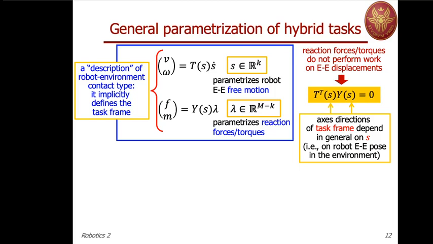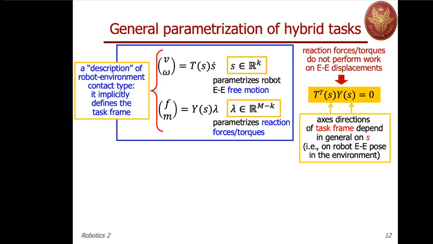So we will have k parameters for describing the admissible, the feasible free motion, and accordingly a set of m minus k parameters, which we call, not by chance, lambda, because they are associated to the parametrization of reaction forces and torques at the contact.